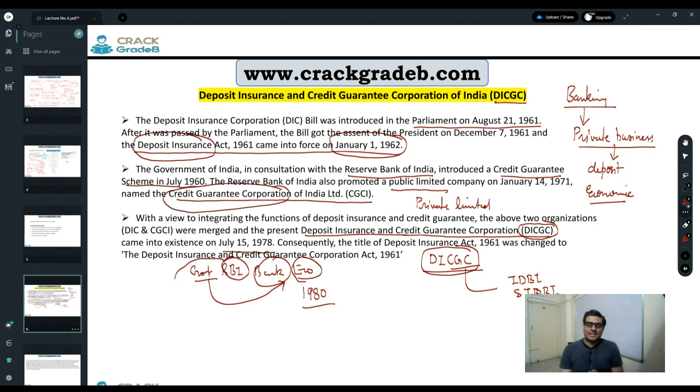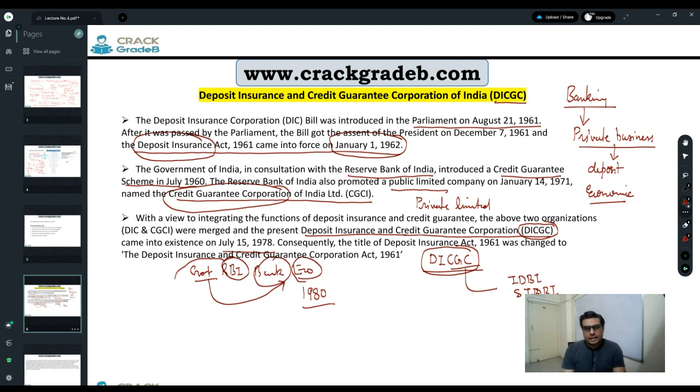Though the organization in its act has both roles, deposit insurance and credit guarantee, the role of credit guarantee is diversified at present, and different organizations are particularly focusing on different parts of the economy to provide credit.